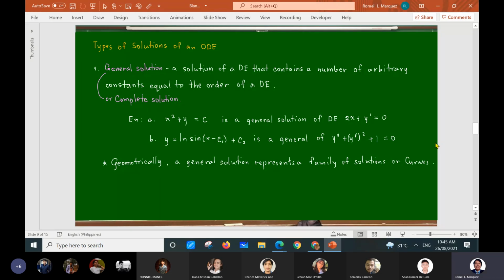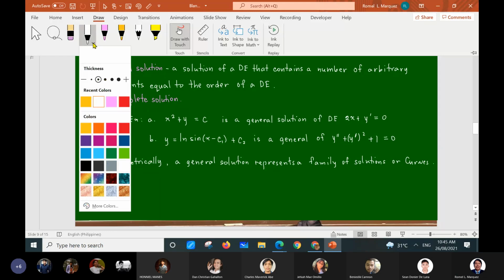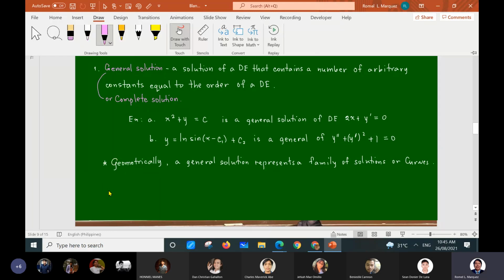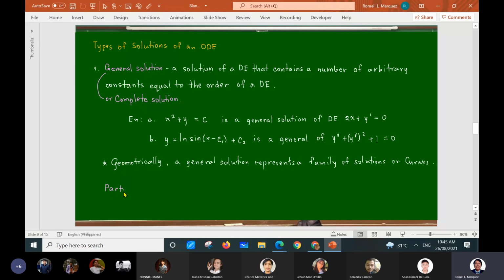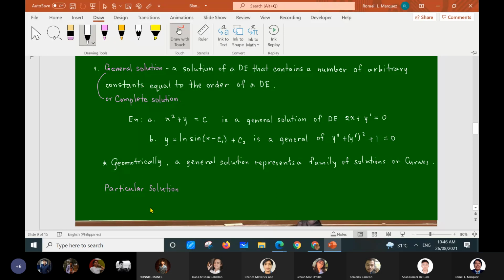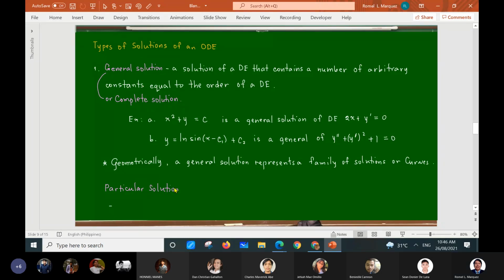What about the second type? We have the particular solution. A particular solution is a solution of a differential equation free from arbitrary constants. No arbitrary constants anymore, but satisfying the differential equation satisfied by the general solution.